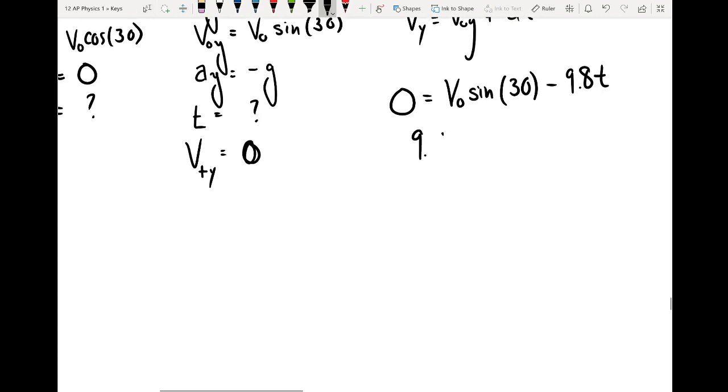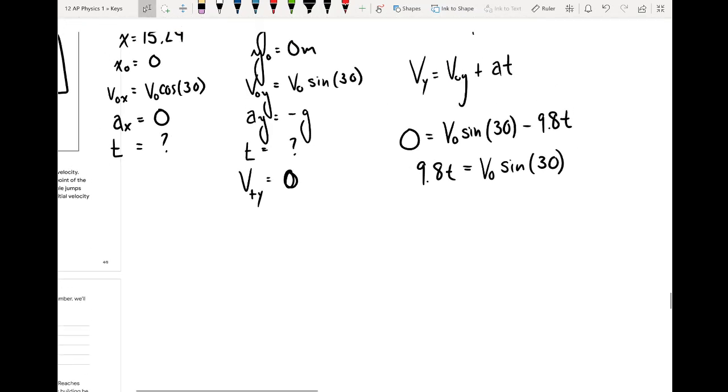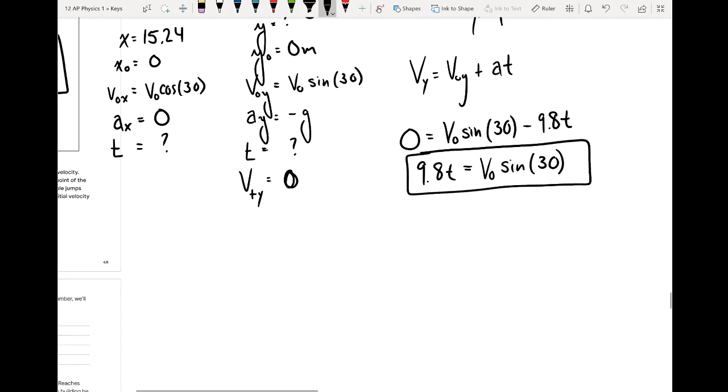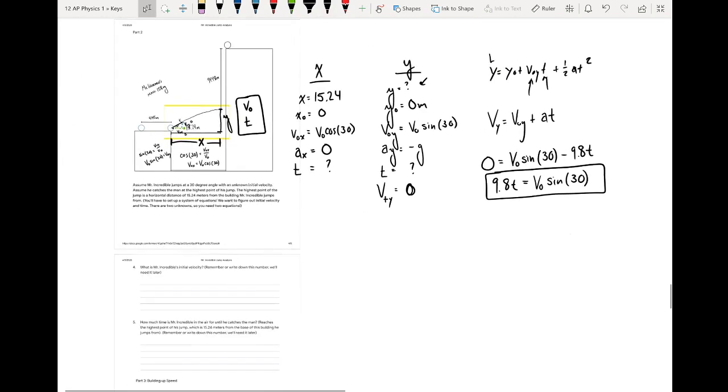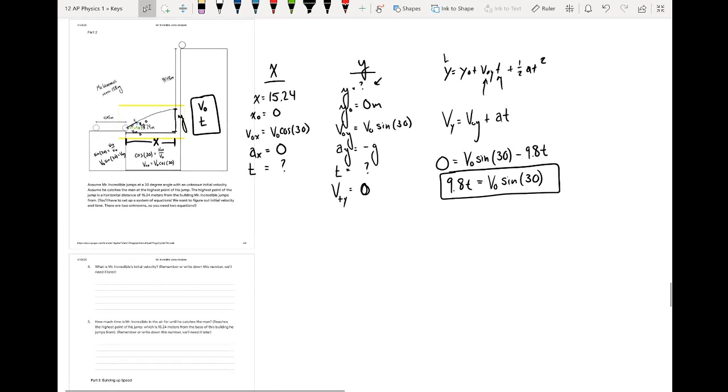Say 9.8 t is equal to v0 sine of 30. All right, so now I have one equation with two unknowns. In this case, I don't know t, and I don't know v0. So those are two unknowns, so it looks like I need another equation.